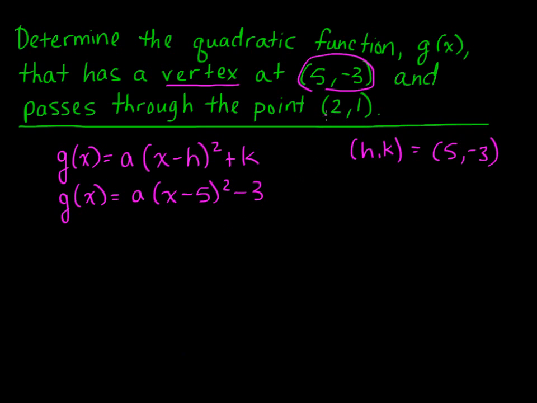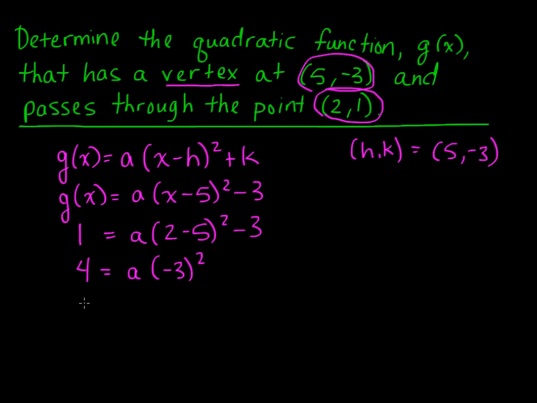Okay, we're also given information about this point 2 comma 1, which is on this parabola. And so we can substitute that in again for an x and a y value. So our y value is 1 and x value is 2. So in order to solve for a here, we add 3 first to both sides. So 4 equals a times, in brackets here, 2 minus 5 we know is negative 3.